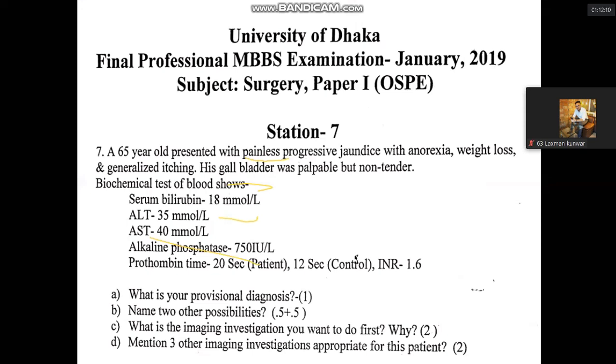Okay. What are the imaging investigations you want to do? First, in imaging investigation, ultrasonogram of hepatobiliary system and pancreas. Why?